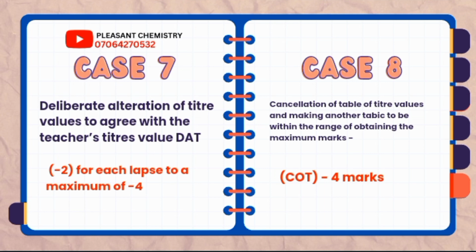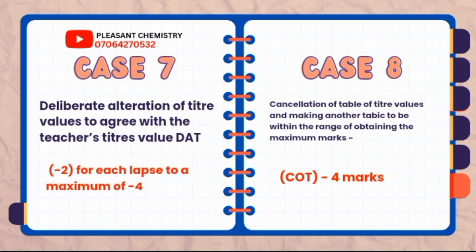In that case, depending on the number of columns you painted, each column attracts a penalty of -2. So be very sure of the value you want to put down before you write it down. If you have written a value, please don't cancel.